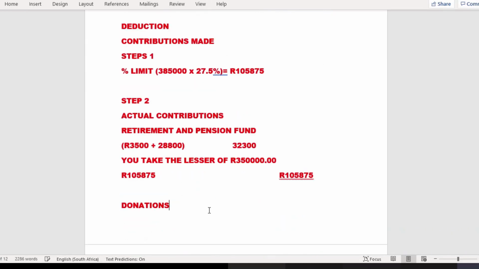So this is how you're going to disclose it. You're going to say 2,500 or the adjusted 10% of taxable income.